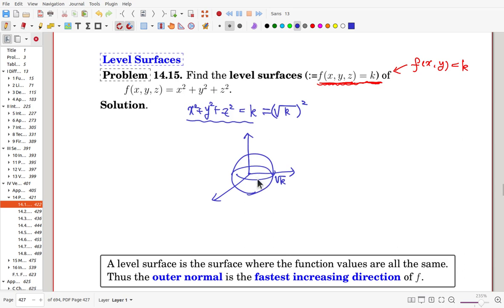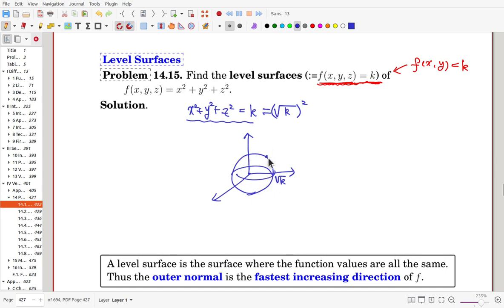For these surfaces, we start with a point on the surface. If you try to measure the function value, then along the surface, the function value is all the same. In fact, level surfaces are collections of points where the function value is the same. So along the surface, the function value is always the same as k.